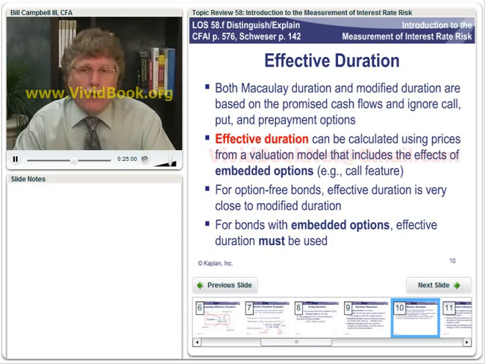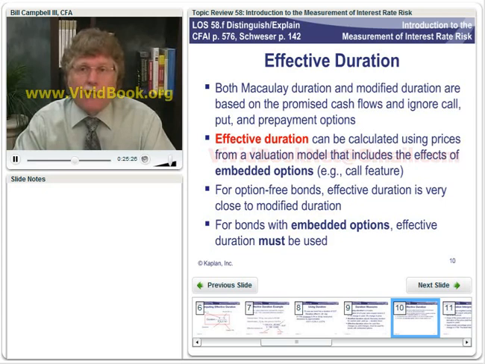So when yields drop and you have a callable bond, it's likely it will get paid off early. The cash flows change. You're not going to wait 10 years to get your principal. You may get your principal back in 5 years. If you have a puttable bond and yields go up, then you may want to exercise that put option, and that would cause the cash flows to change. You get your principal back earlier.